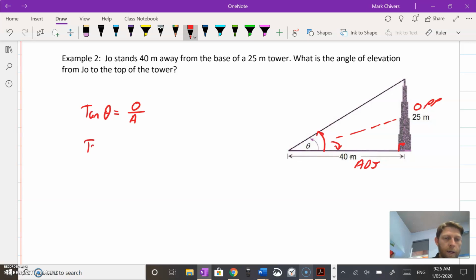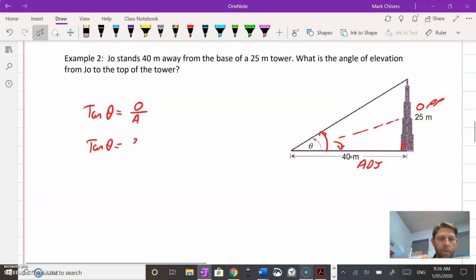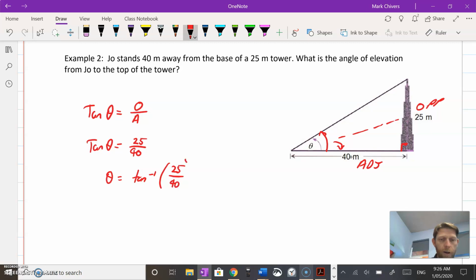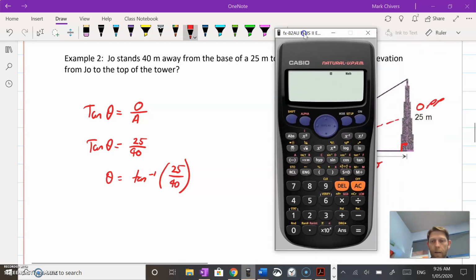So in this particular case, I don't actually know what theta is. That's what we're trying to find out. But I know that the opposite is 25 and the adjacent is 40. So I'm going to end up with theta equals tan to the minus 1 of 25 over 40, and at this point I can pick up my calculator and plug that in.